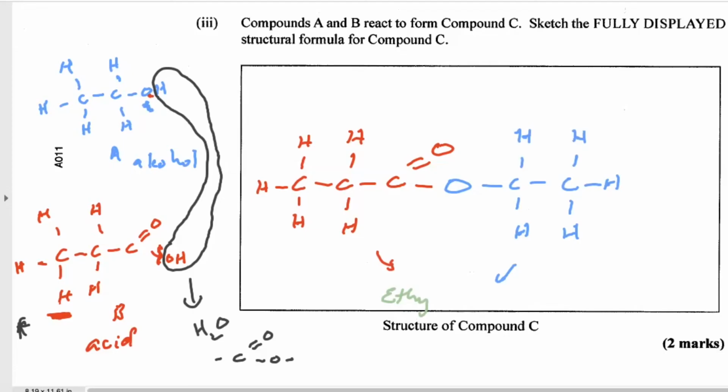Okay, let's be consistent with our colors. So this would be ethyl, and the acid portion would be propanoate, coming from 3 carbons. Propanoate, ethyl propanoate. Check.